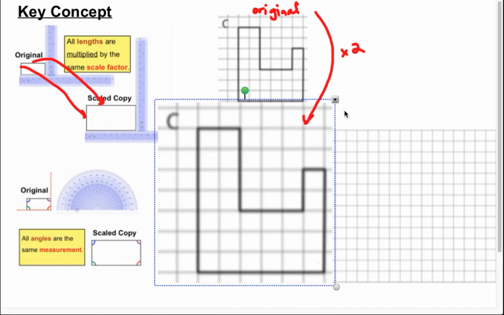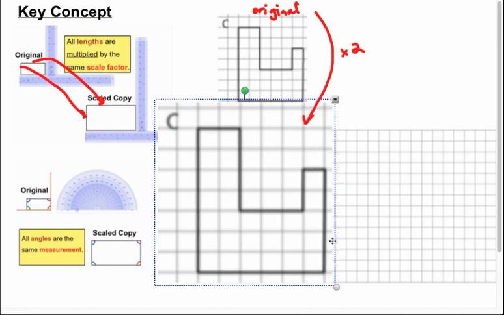So this essentially would be multiplying all of the side lengths by 2. Because if I multiplied one side length by 2, if I have the entire drawing, all side lengths have been multiplied by 2 units. And if we actually did the measurements, you'd be able to see that this would be 1, 2, 3, 4, 5 units.